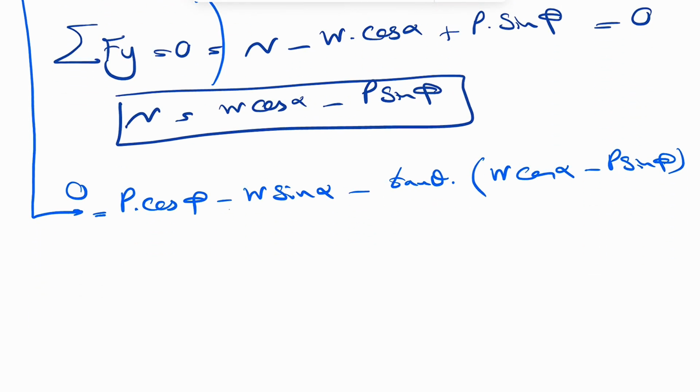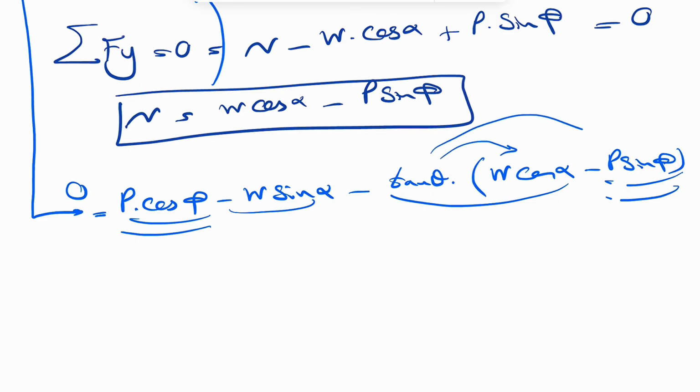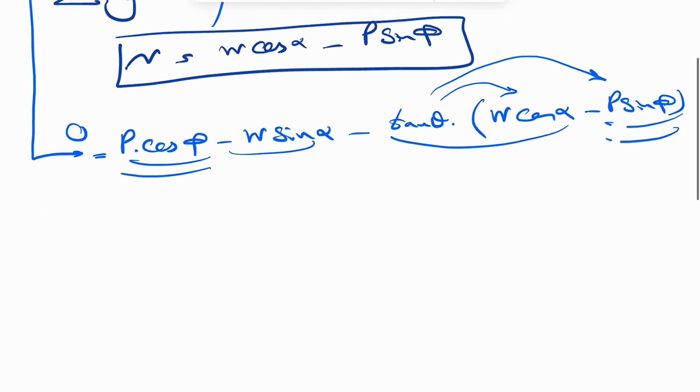Now we can see we have terms that have W, and terms that have P, but keep in mind that we need to multiply the tangent of theta into each of them. So I'm going to rewrite everything: P cosine of phi, and bringing the P in, plus tangent of theta P sine of phi.